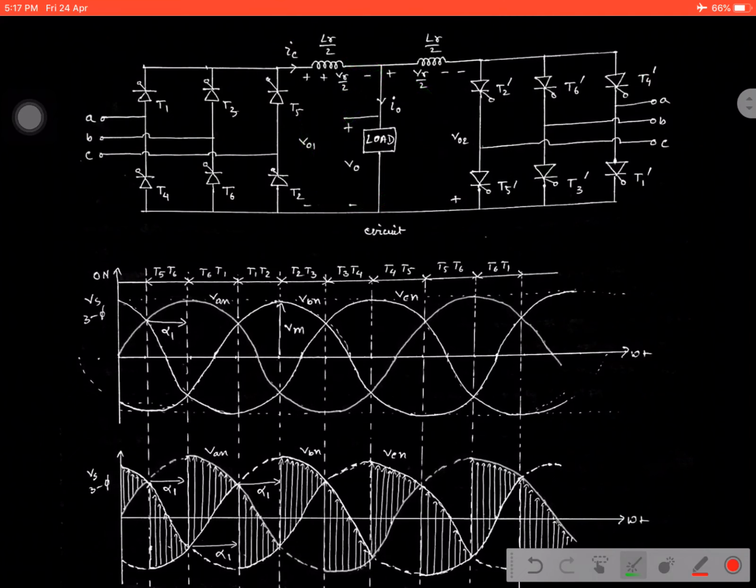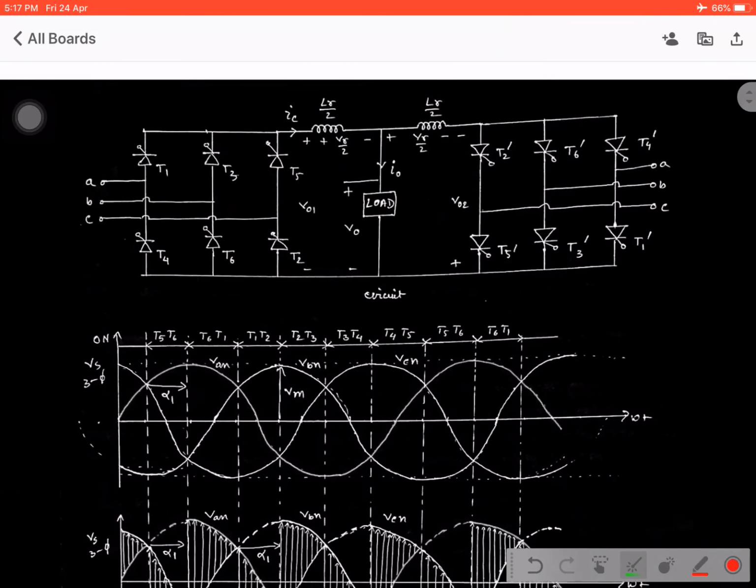So we can consider two modes of operation: non-circulating mode, in which one converter works, or circulating mode, in which both converters work with the exact firing angle, and no voltage appears across the load. Okay, now see what is the use for industry purpose.